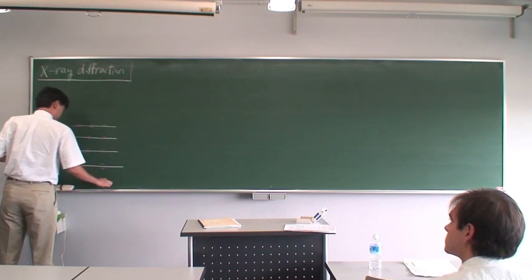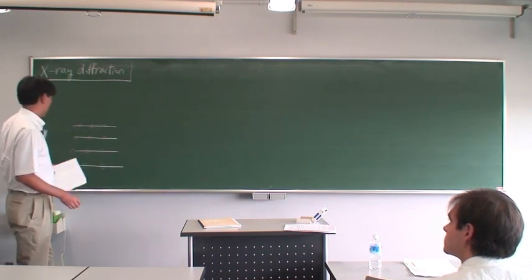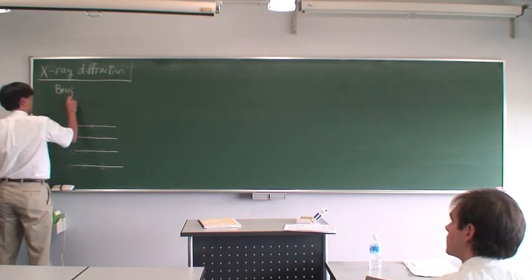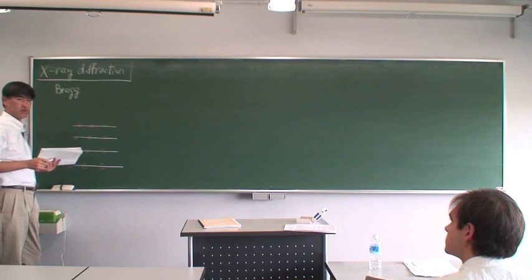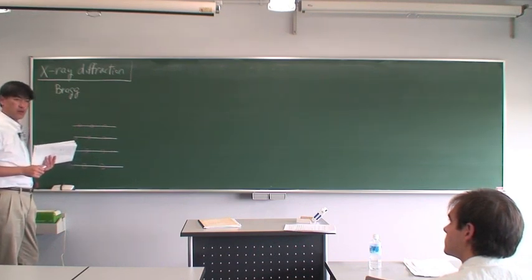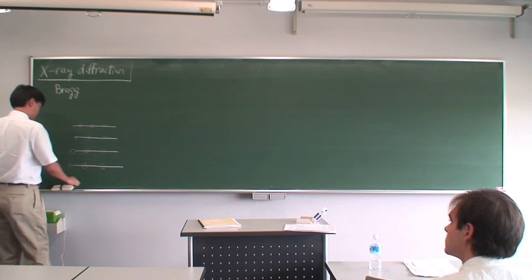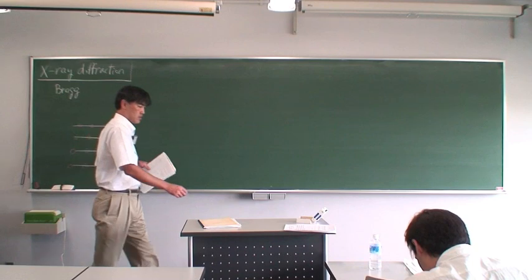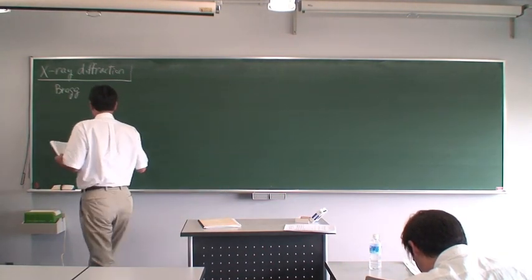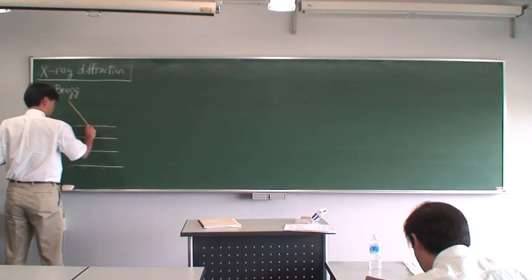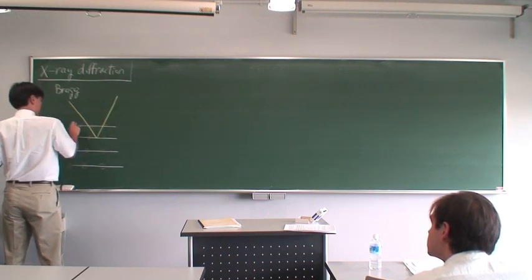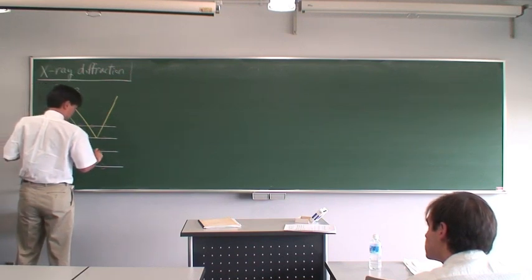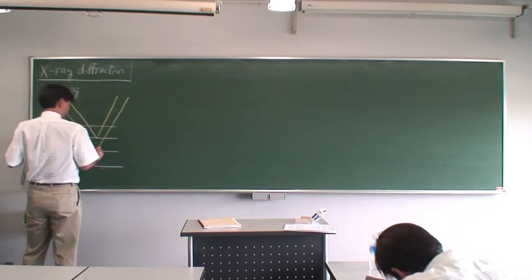And Bragg, B-R-A-G-G, in fact, it's a father and son. They both worked out together that if X-ray comes in and is diffracted from this plane, the next X-ray gets diffracted by the next plane.